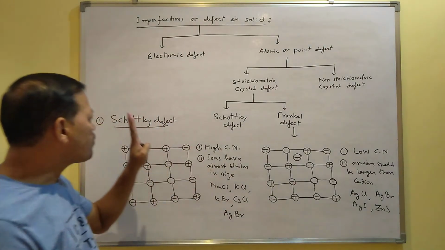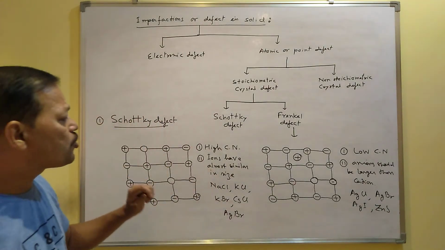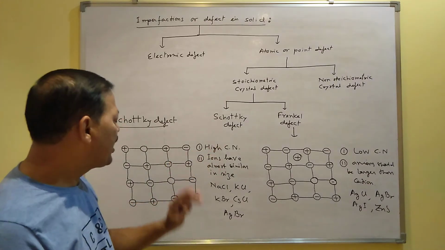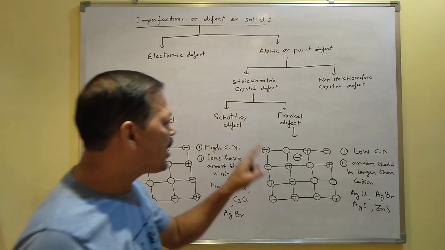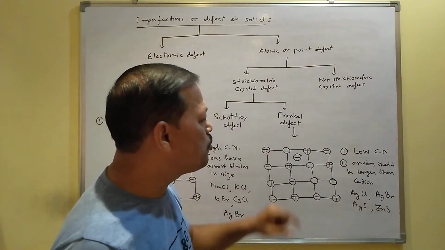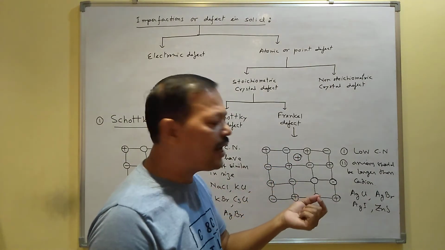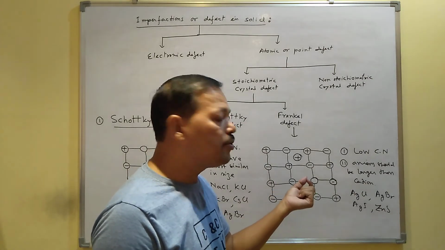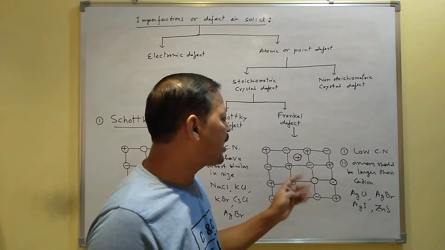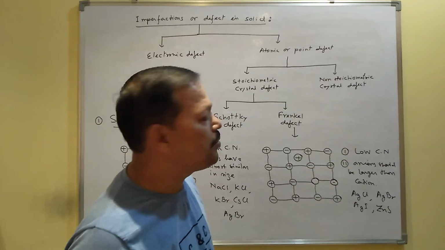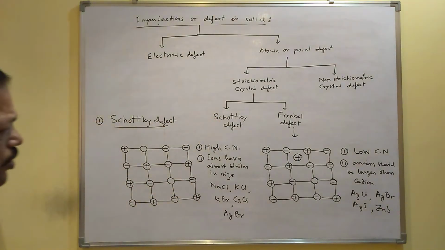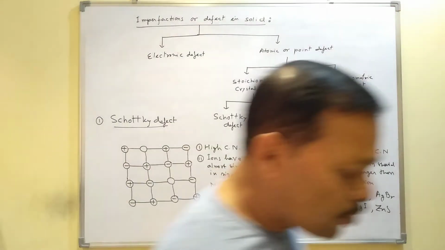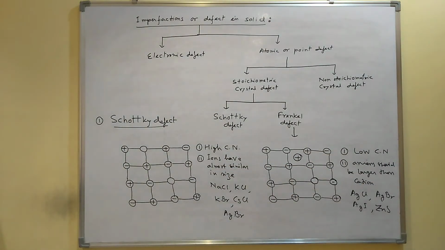Schottky defect is shown by those ionic solids whose coordination number is high and in which cations and anions have almost similar sizes. Frenkel defect is shown by those ionic solids whose coordination numbers are low and in which anions are much larger than the cations. So these are the stoichiometric crystal defects, called Schottky defect and Frenkel defect.